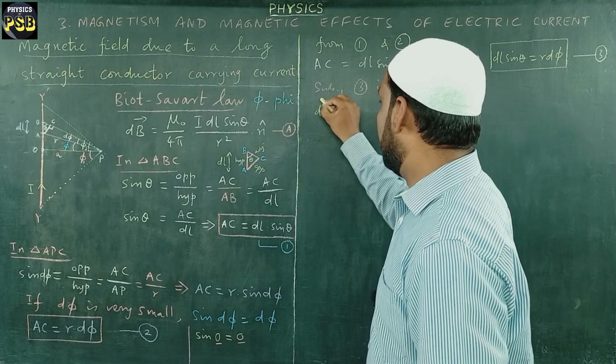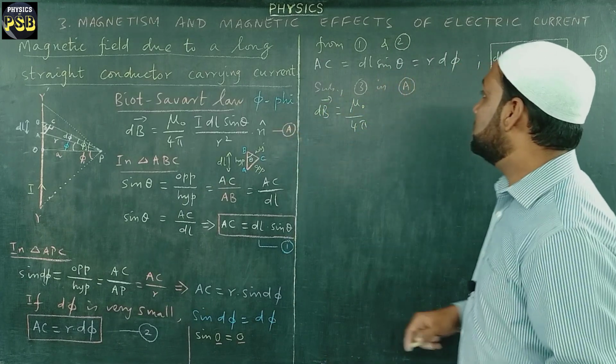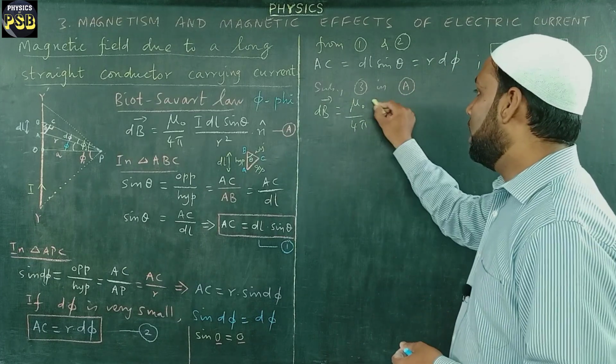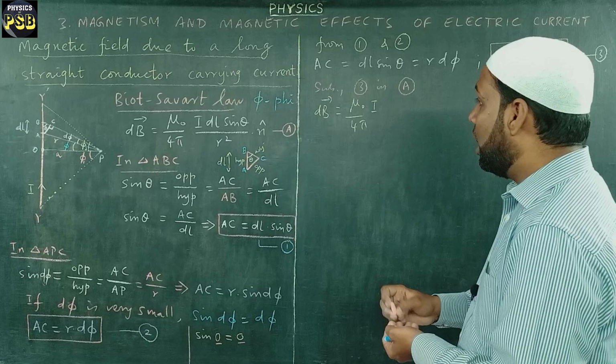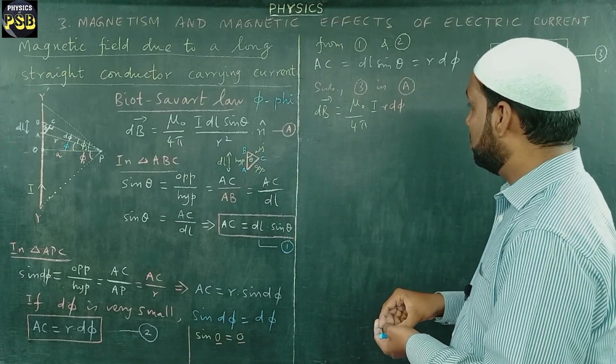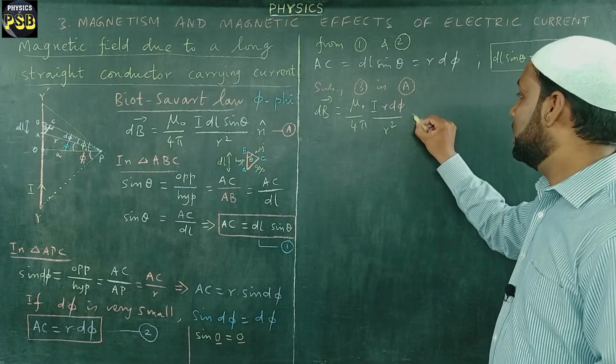So what I'll get if I do so is dB vector equal to mu naught upon 4 pi, in the place of dl sin theta I put R d phi, on R square n cap.